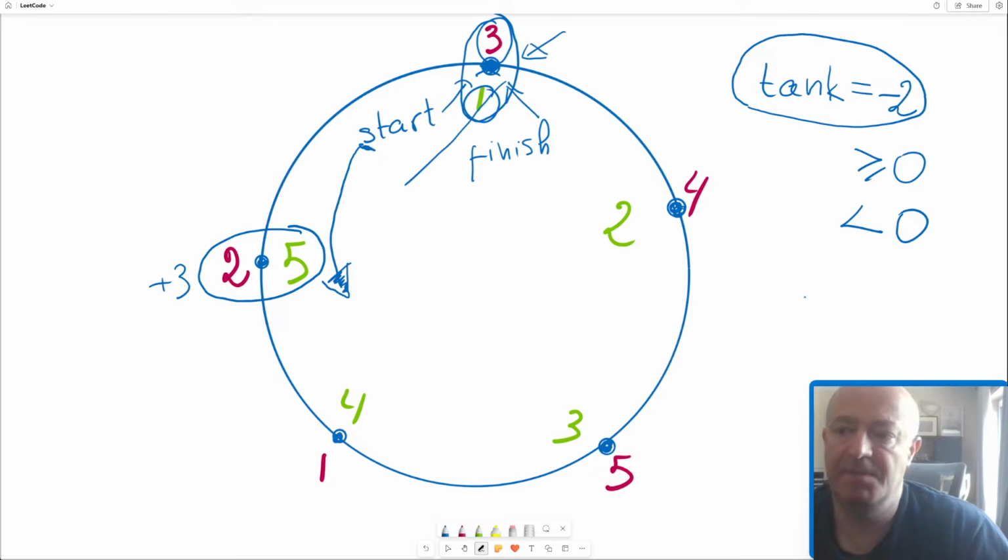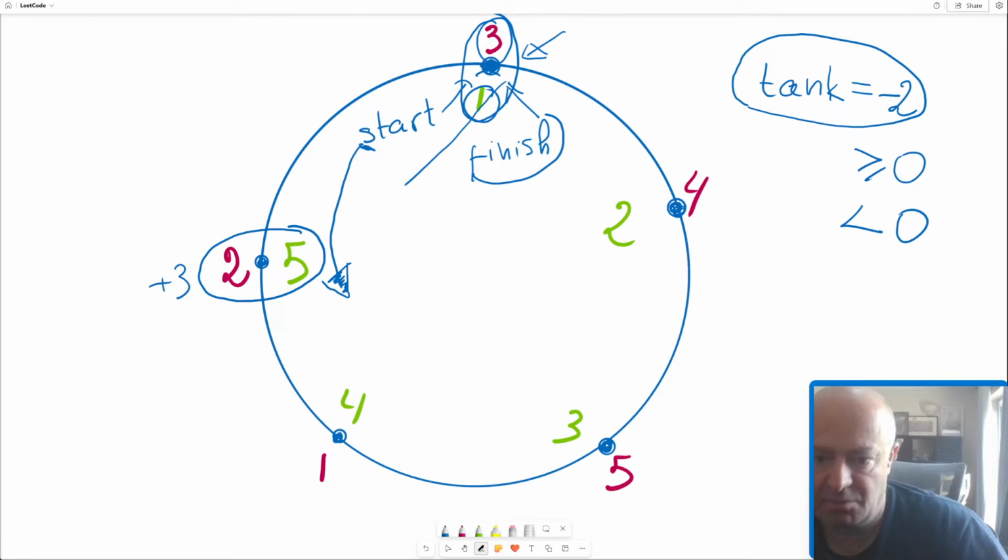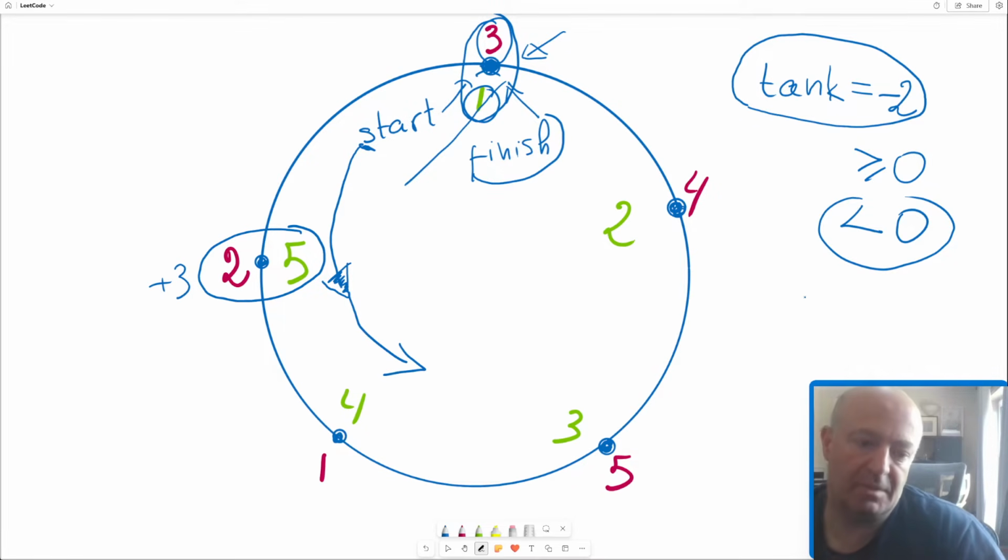That +3 would simply be added to our tank, right? And if that is enough to bring our tank to a non-negative value, then we could go back to moving finish clockwise, moving to the next station. But every time tank goes below 0, we will try to add one more. So we would move start counterclockwise. Okay.